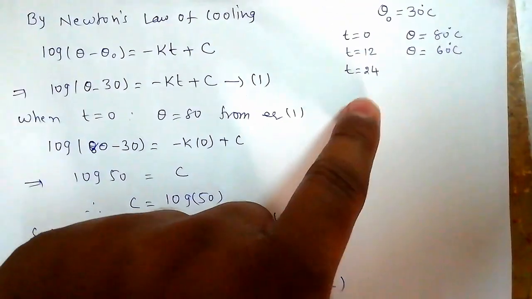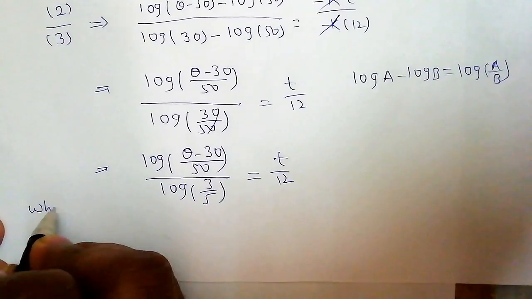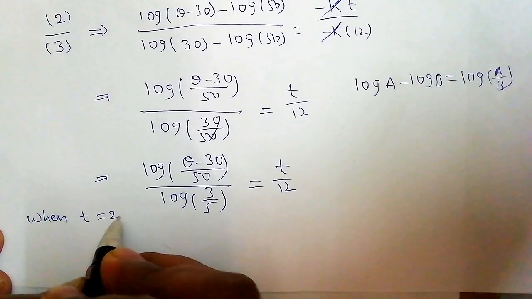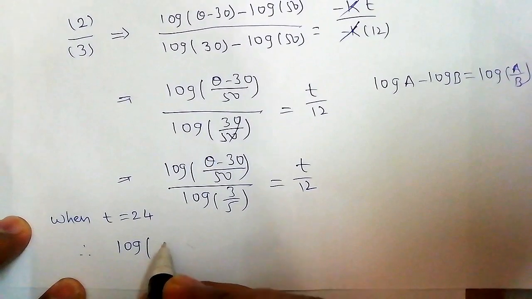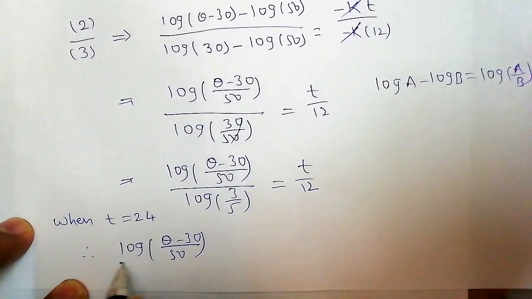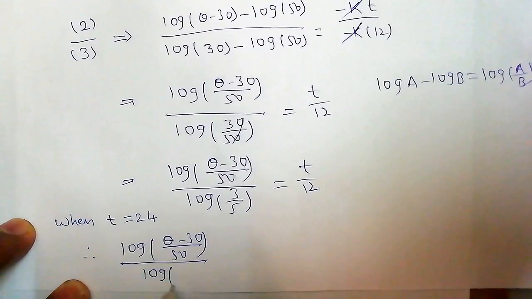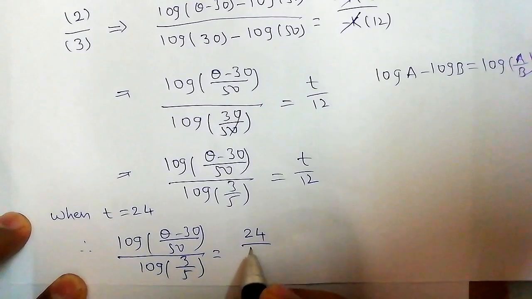Now the last condition, which is t equals 24 minutes. That means when t equals 24, I get log of (theta minus 30) by 50, whole divided by log of 3 by 5, equals 24 by 12.